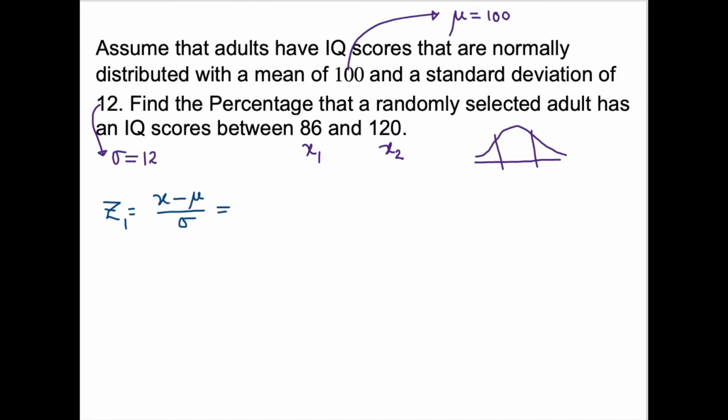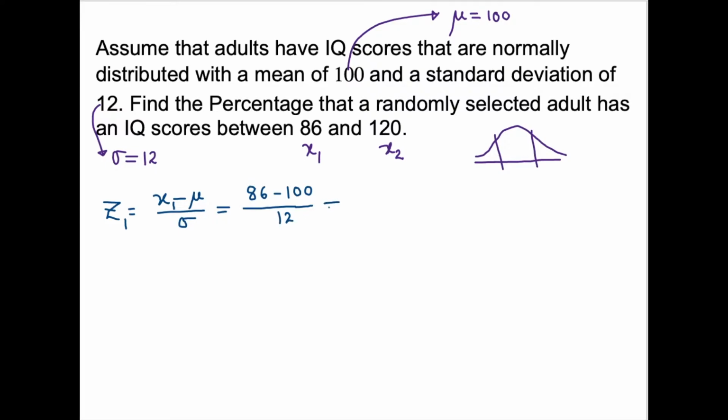So z1 uses x1, and you can name it anything. What is x1 here, students? x1 is 86. So 86 minus the population mean, which is 100, over the standard deviation, which is 12.